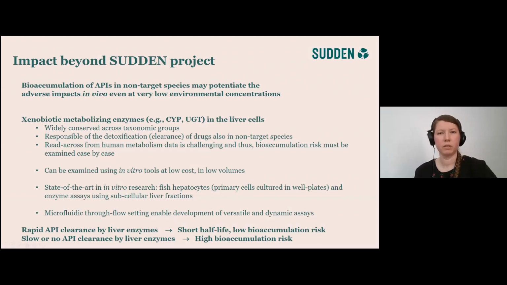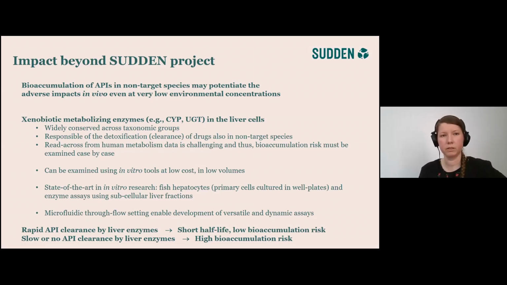So the background, or the conclusion actually, is that if the compounds are bioaccumulating in non-target species, very low environmental concentrations may lead to severe adverse impacts in vivo in different organisms.